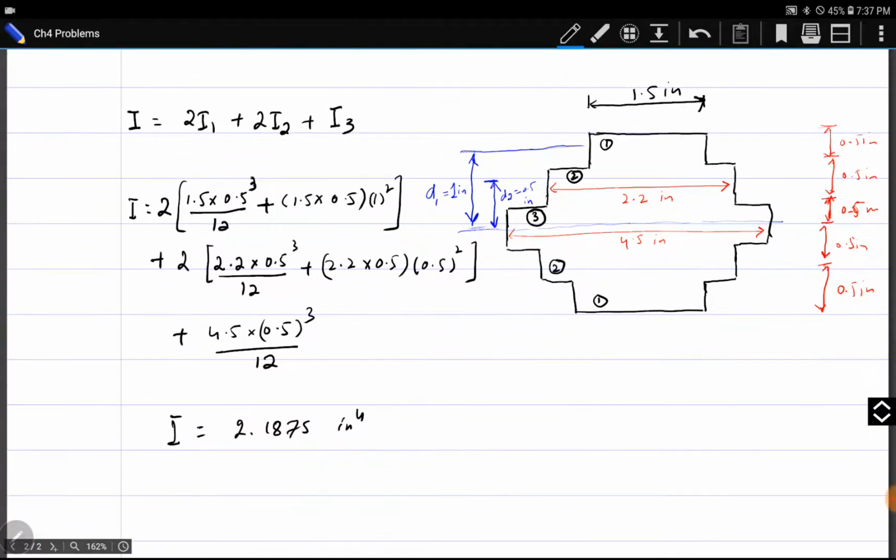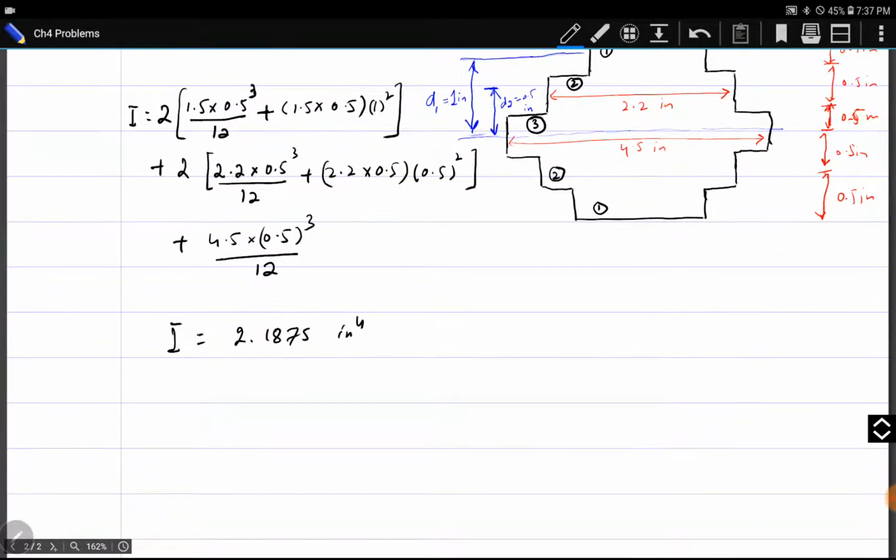Now we have to find maximum stress in aluminum, brass and steel separately. So maximum stress in aluminum is equal to MC for aluminum divided by I. M is actually given to us.